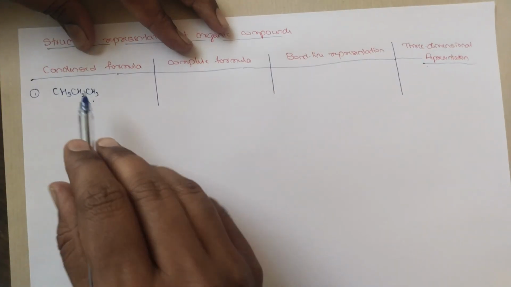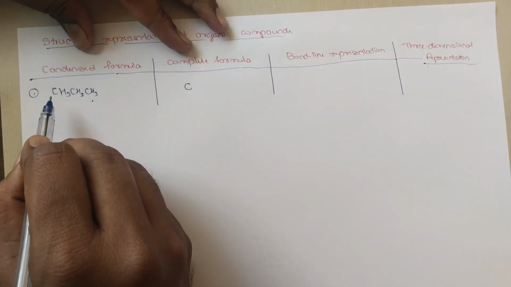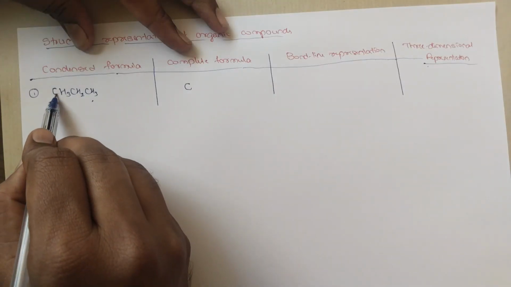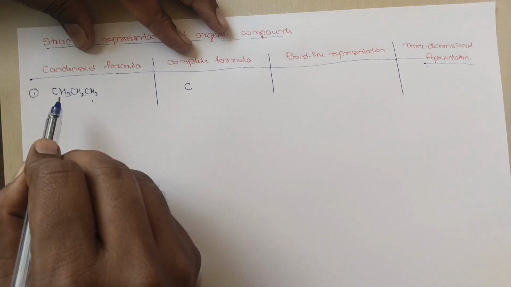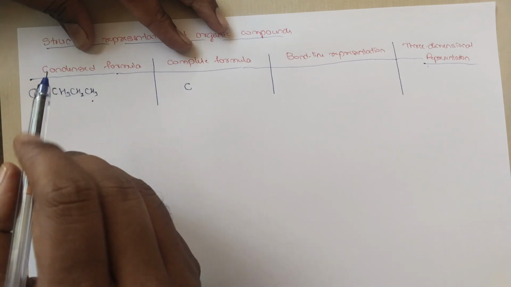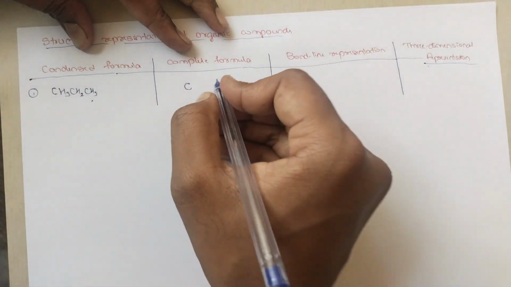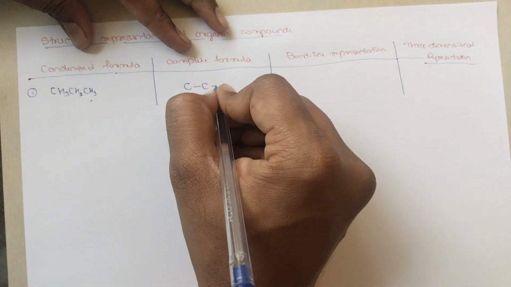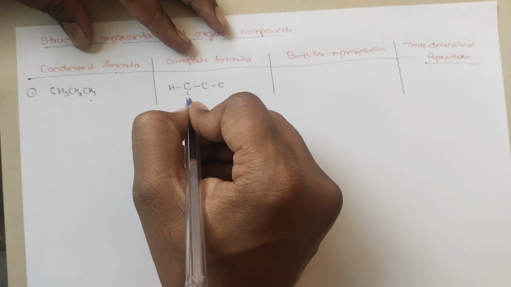How can you write the complete formula? In the condensed formula we don't write where it is bonded, meaning whether this hydrogen is bonded with this carbon or that carbon. Here we will not show the bonds, but in the complete formula we show the bonds. See, it is the same structure.